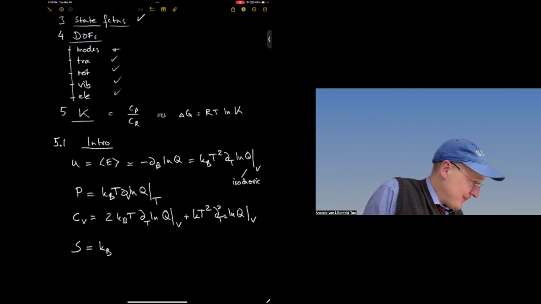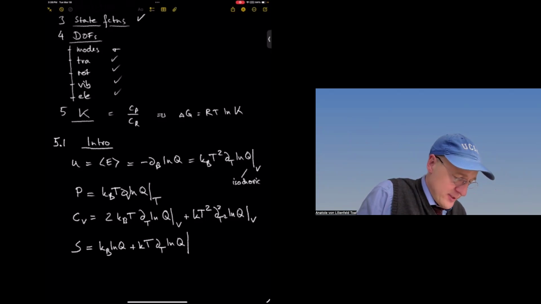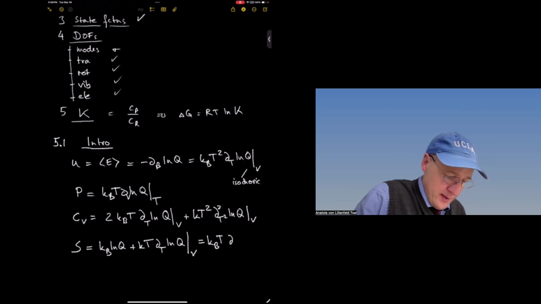But we noted kB logarithm q plus kT dT logarithm q, constant V, which is kB T dT of logarithm q, constant V.